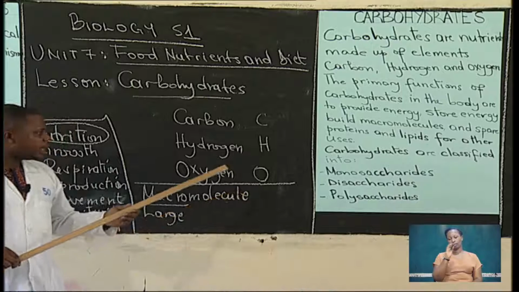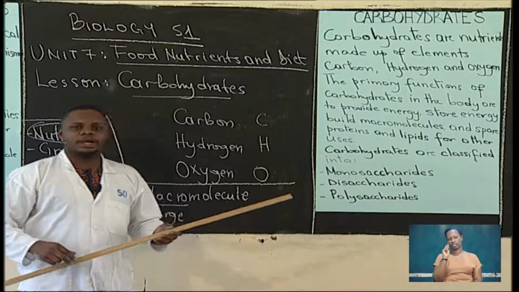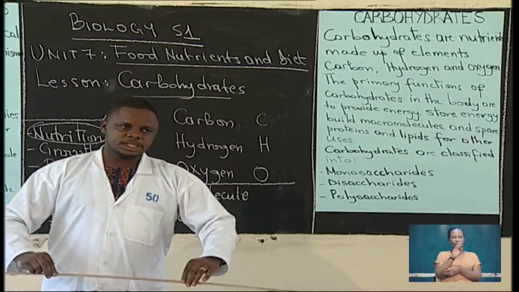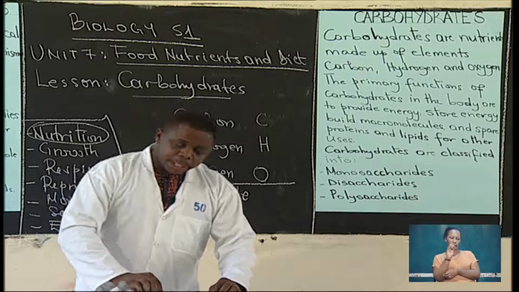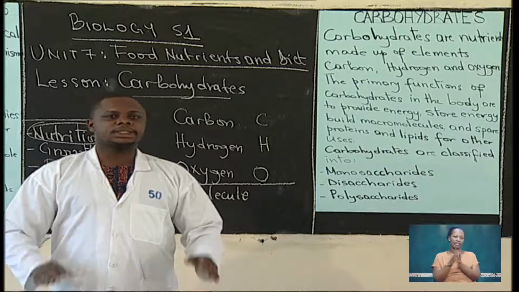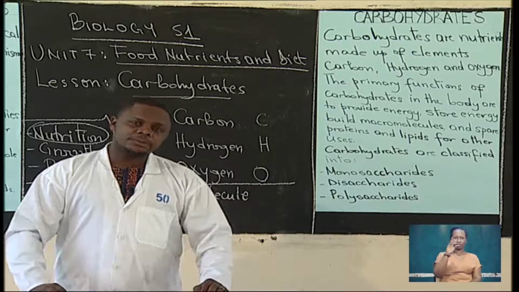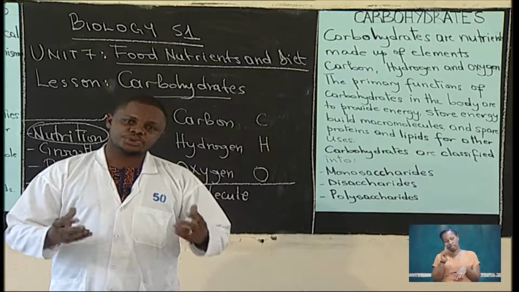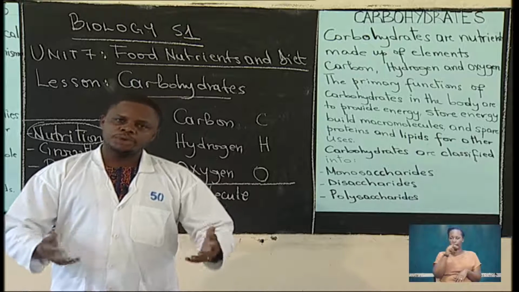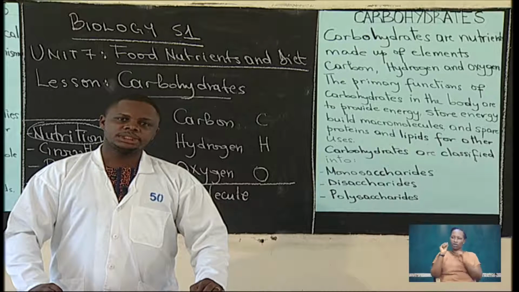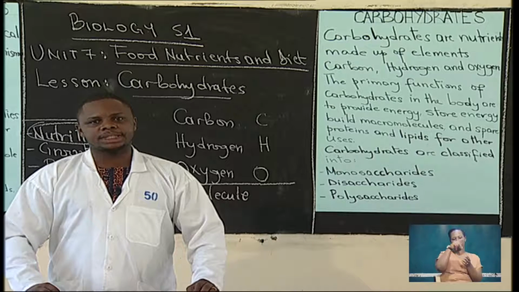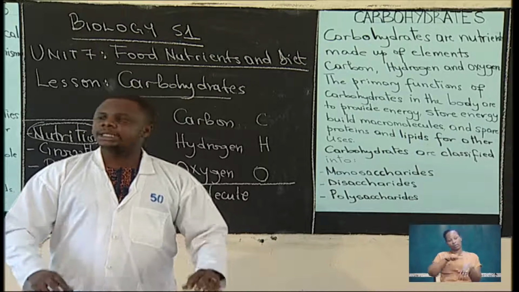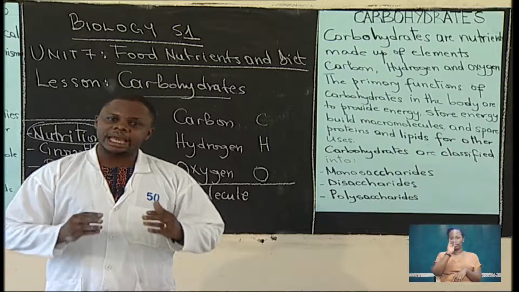Carbohydrates spare proteins and lipids for other functions. What does this point mean? It means that when we don't have carbohydrates, lipids can be used as the source of energy. When we don't have lipids in our body, in most cases during the time of starvation, proteins can be used to provide energy.